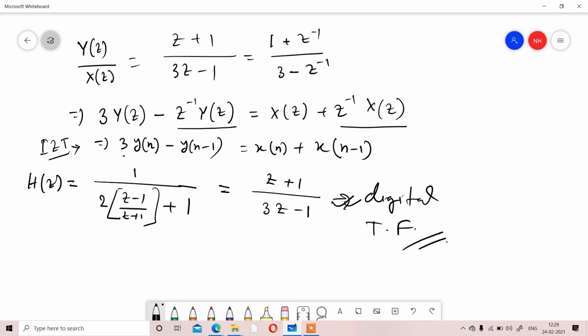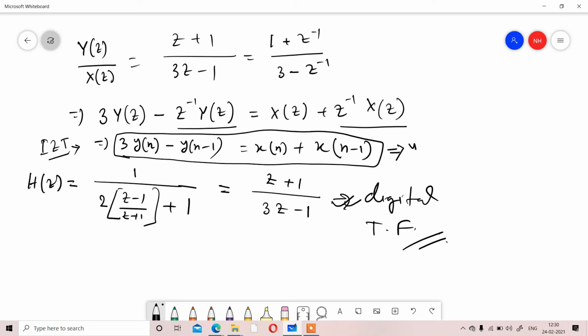Okay, so that will be your difference equation, or you can write it as y(n) equal to 1 by 3 times [x(n) plus x(n minus 1) plus y(n minus 1)]. So that will be your difference equation for the given analog filter.